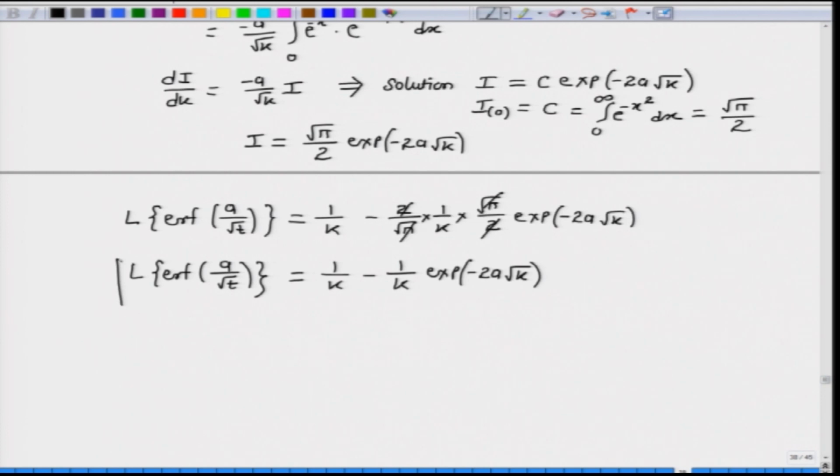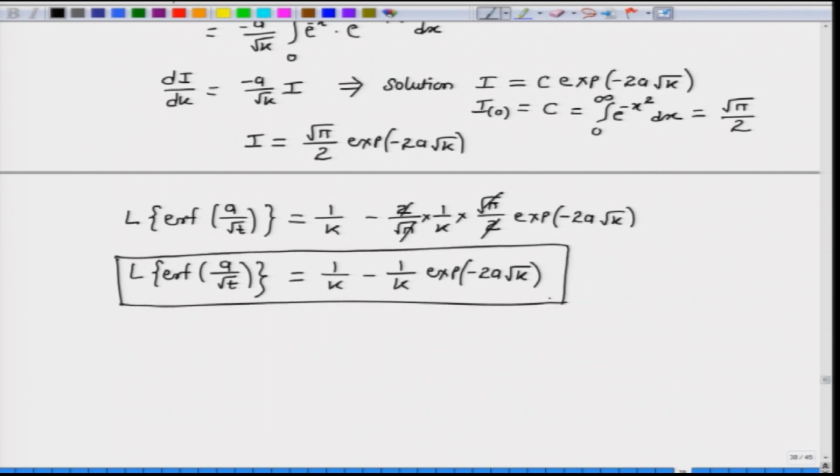We got the Laplace transform of one of the important functions here.